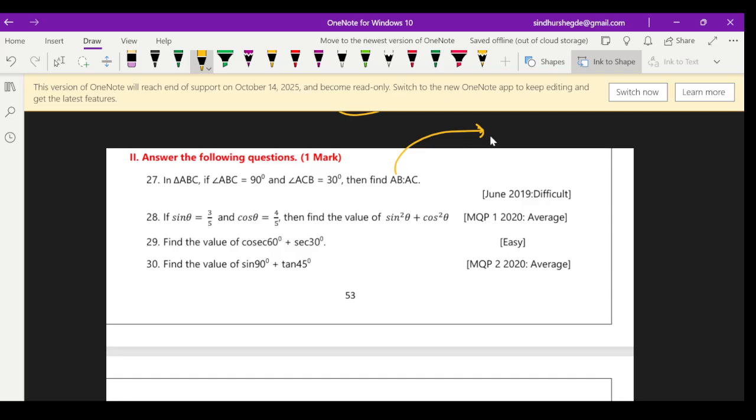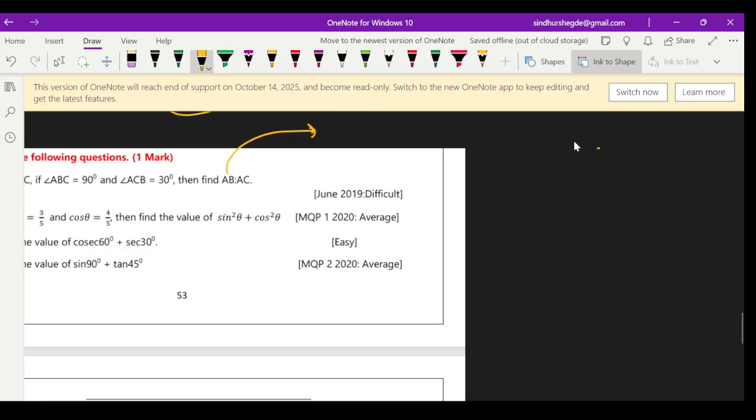Now, if in triangle ABC, again we are going to continue some more 1 mark questions. Let me draw triangle ABC. Angle B is equal to 90 degrees, and angle C is equal to 30 degrees. We should know how to draw the figure if the figure is not given.